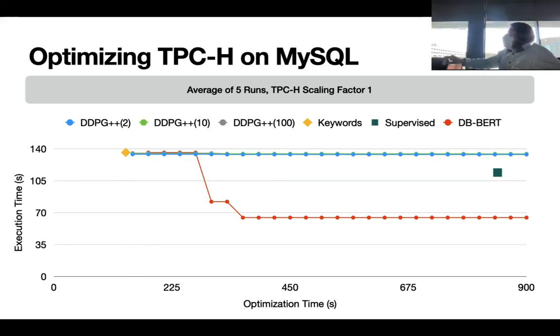You also see the two baselines that are derived from the prior publication. That is this rectangle in green and a diamond in yellow. The diamond in yellow essentially represents a very simple way of extracting hints from text documents just based on keywords. That one is quick to do, but it doesn't improve things at all.